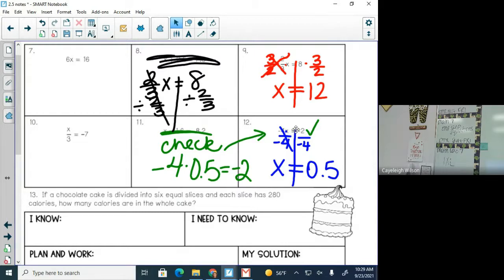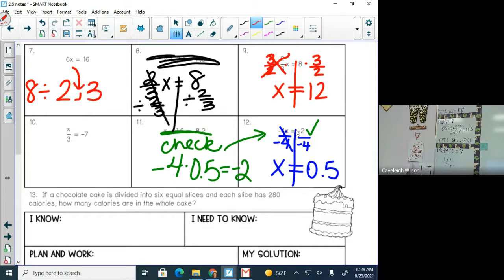So if you were gonna type that in, you would type 8 divided by 2, and then this button is that button that has like the ABC on it. So let's all practice that. Let's find it on our calculator and make sure you can get 12. If you can't get 12, raise your hand and one of us will come help you.